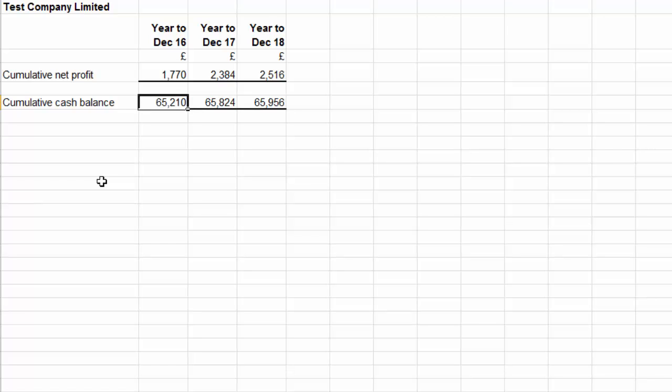Now, what this cash flow improvement tool doesn't do is take account of what you could do with that extra £65,000 that you've got in your bank account. Now it could be that you pay yourself a bonus or a dividend, but more importantly, what you could do with that money is to reinvest it and grow your business much faster.